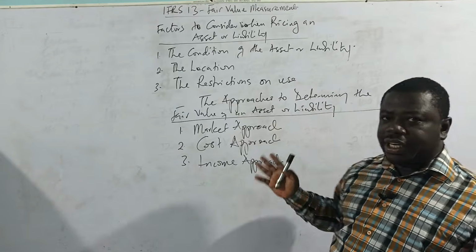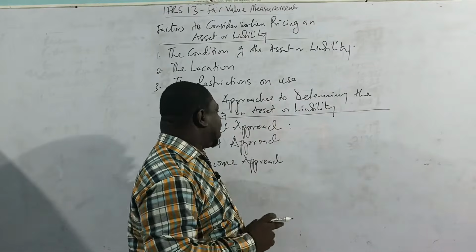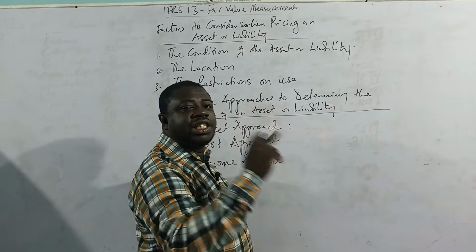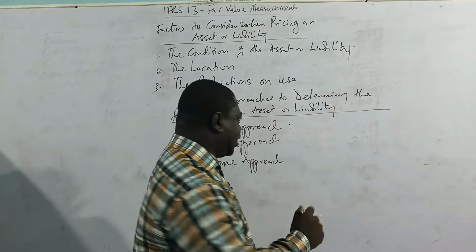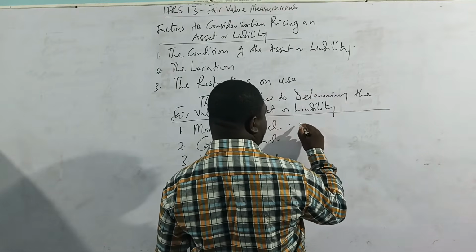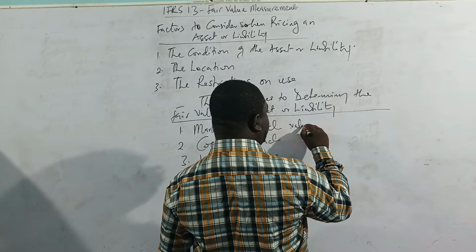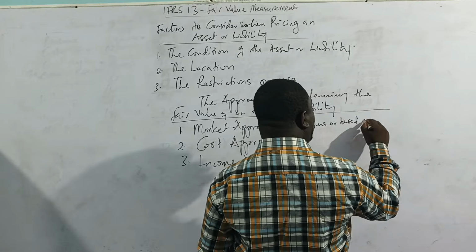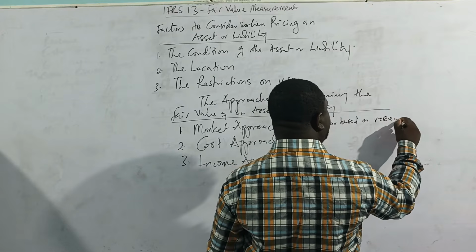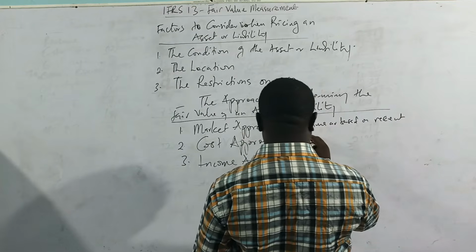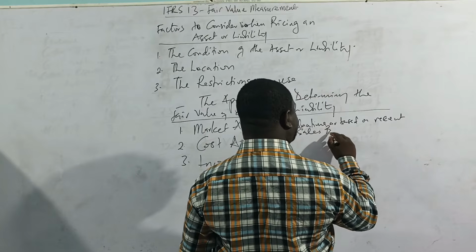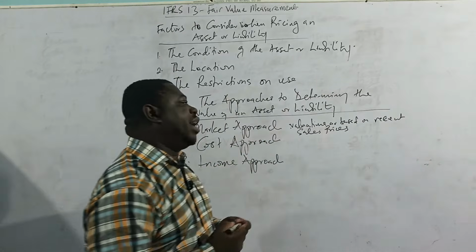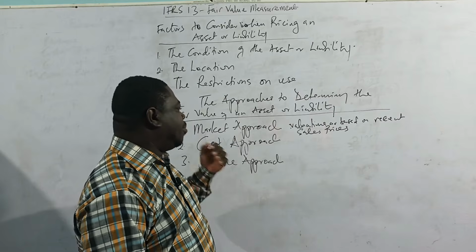Now, I'm going to explain each of them to you. When it comes to the market approach, valuations are based on recent sales prices. So what am I trying to explain?